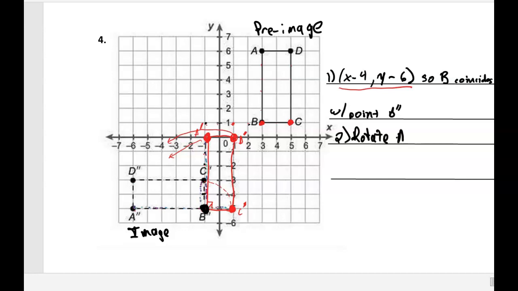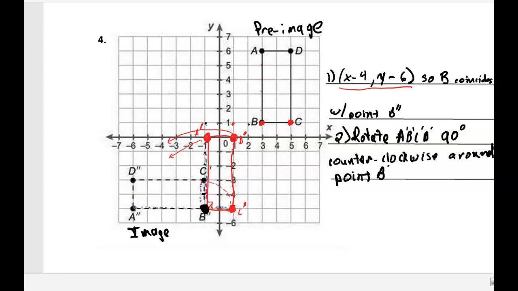We're going to call that thing A prime, B prime, C prime, D prime. Since that's our first movement, we've got to do it again. So A prime, C prime, D prime. We're going to go 90 degrees. We are going counterclockwise around points.